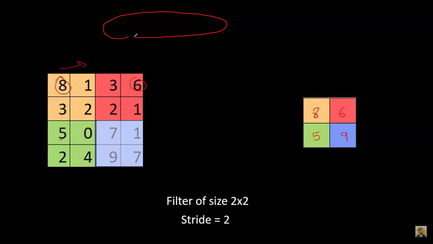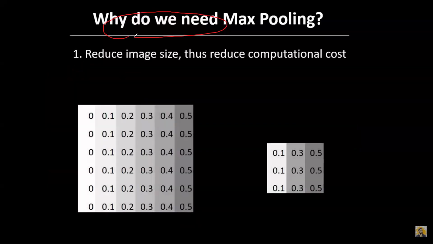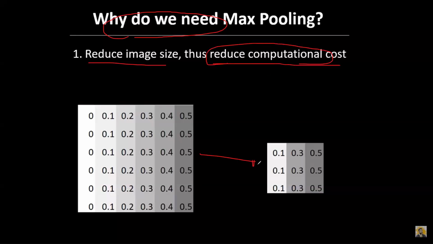Now let us see why we might want to do this. The first reason for using the max pooling layer is that it reduces the image size. And reducing the image size means reducing the computational cost and thus getting the output faster or training the model faster.